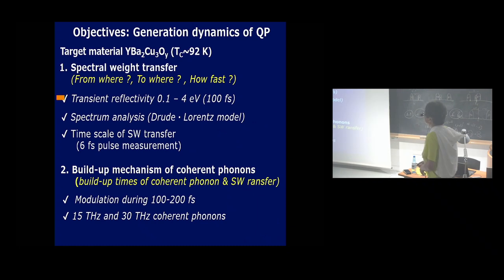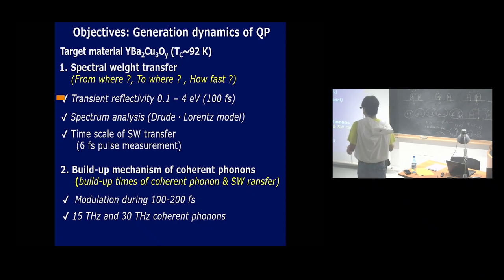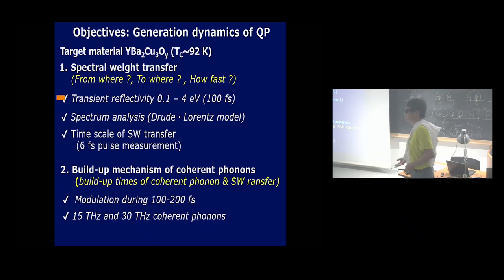Okay, so our first purpose is to measure the spectral weight transfer, from where to where, and how fast it occurs, to discuss the time scale of the generation of the superconducting quasiparticles.